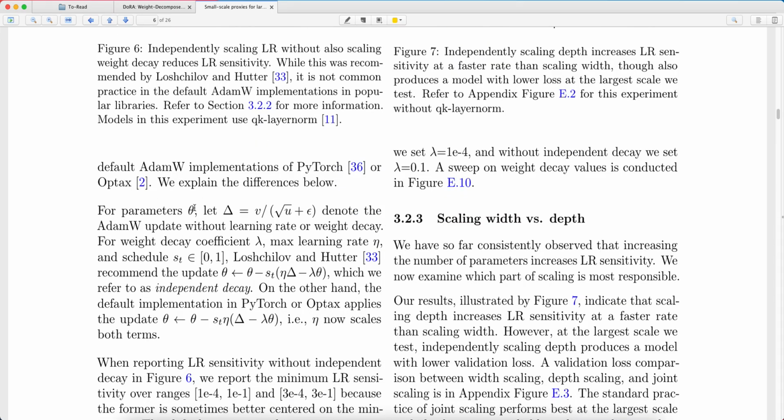For parameters theta, let delta equal v over square root of u plus epsilon denote the AdamW update without learning rate or weight decay. For weight decay coefficient, is that gamma? I forget.